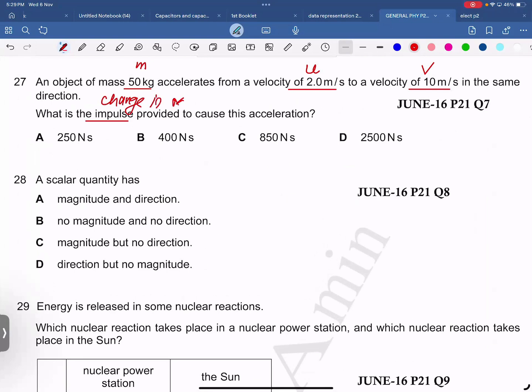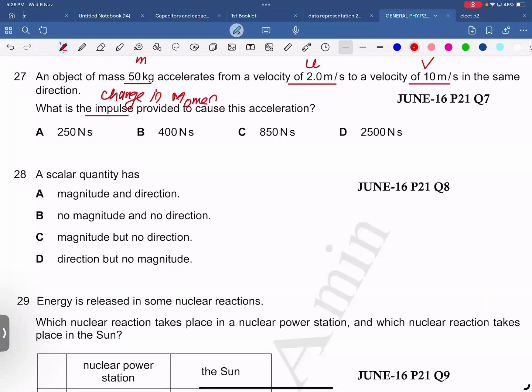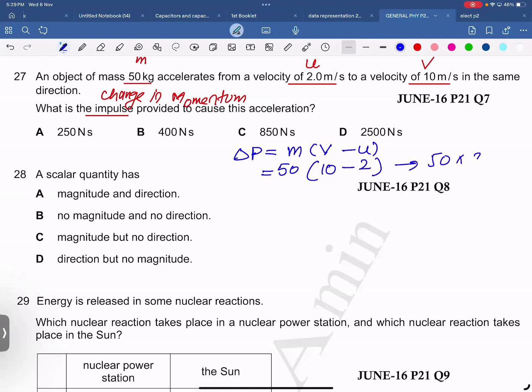Change in momentum formula is m times final velocity minus initial. 50, same direction, so final is 10, initial is 2, answer is 50 times 8, which is 400 Newton second.